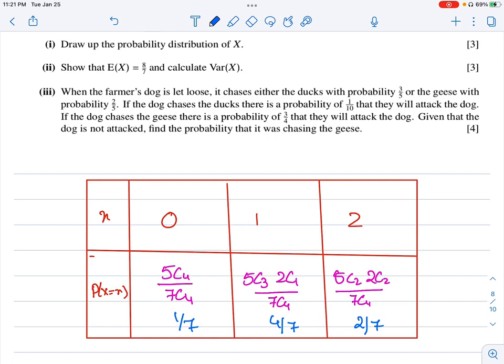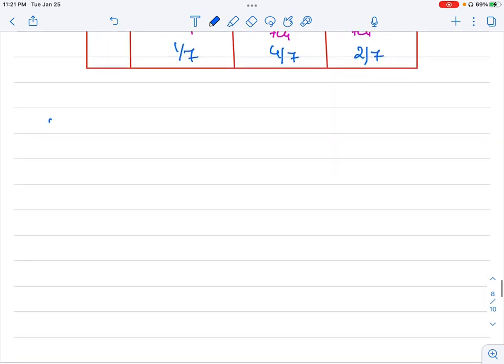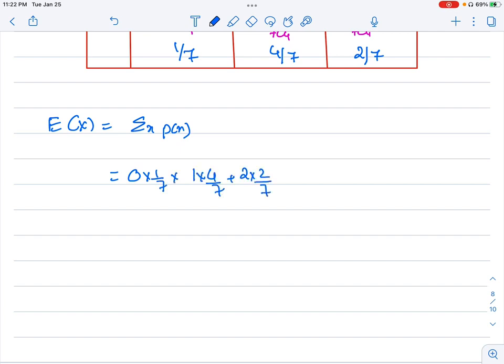Show that the expected value is 8 upon 7 and find the variance of X. The expected value of X is sigma x p(x). So 0 times 1 upon 7 plus 1 times 4 upon 7 plus 2 times 2 upon 7, which is going to be 8 upon 7. Now the variance of X is equal to sigma x squared p(x) minus the expected value of X whole squared.